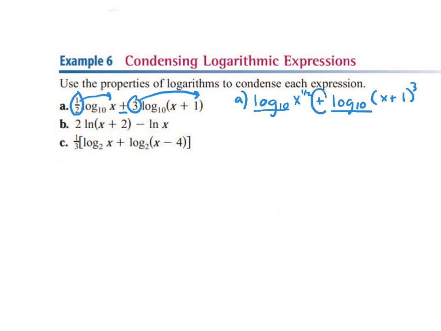Since this is addition, we're going to condense it with multiplication. So when we condense it, we get rid of our logs. Our goal when condensing is to just have one log here. So we have log base 10 of x to the 1/2 times (x plus 1) cubed. This is our answer here.